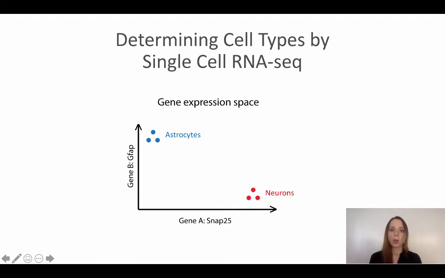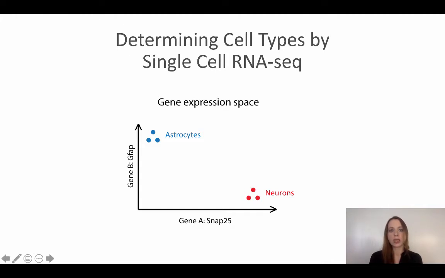Let's say we want to differentiate cell classes that are clearly different, such as neurons and astrocytes. For your reference, neurons are cells that process information in the brain, whereas astrocytes maintain a chemical environment. And the central concept here is that we can think of cells as points in gene expression space.